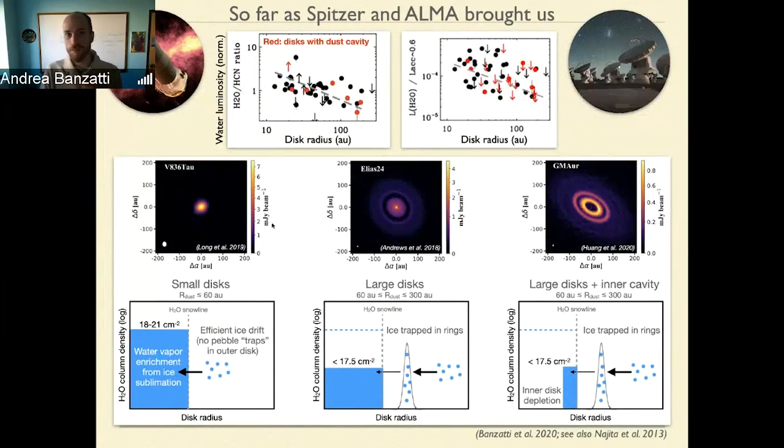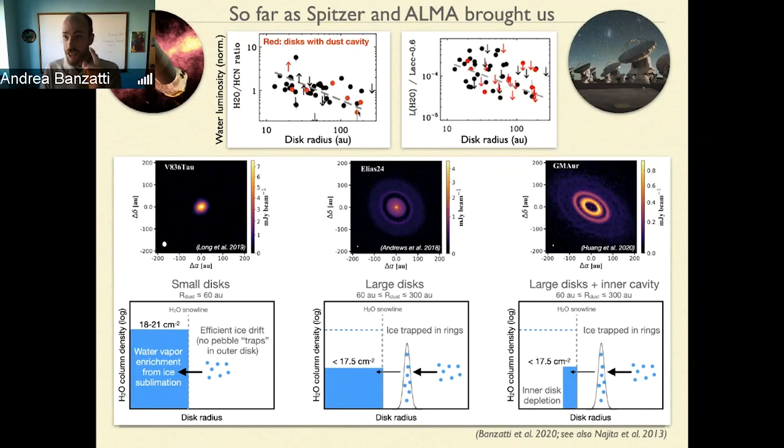This is the data, this is the interpretation. At the top here, you see 2 different versions of plots showing the correlation between the water luminosity as observed in Spitzer spectra and the disk radius as observed with ALMA. Now, these correlations show us that small disks have brighter water emission and large disks have fainter water emission.